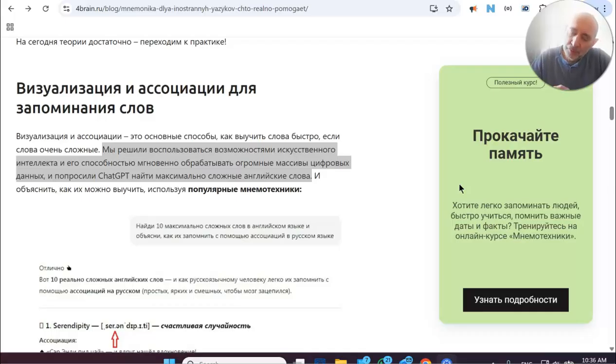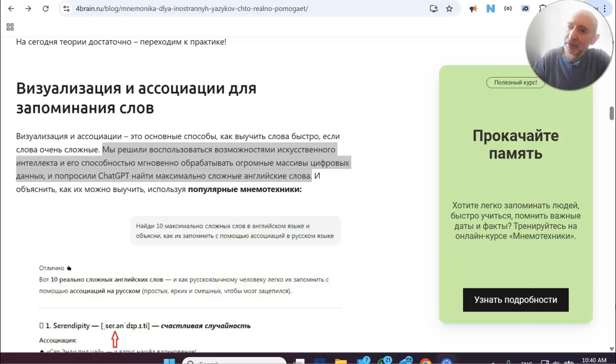Массивы, okay, of course it reminds you of the word massive, but массивы in Russian, that's a noun. So массив in Russian, in this context, means just a chunk of information. So огромные массивы would be giant chunks of information.